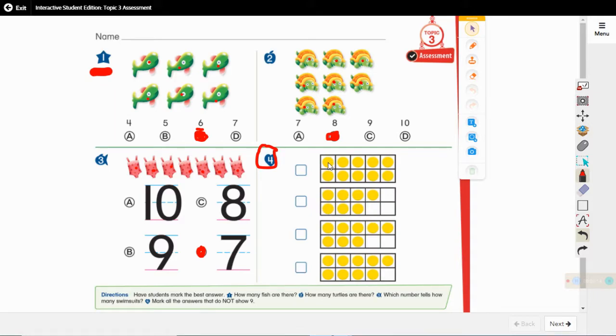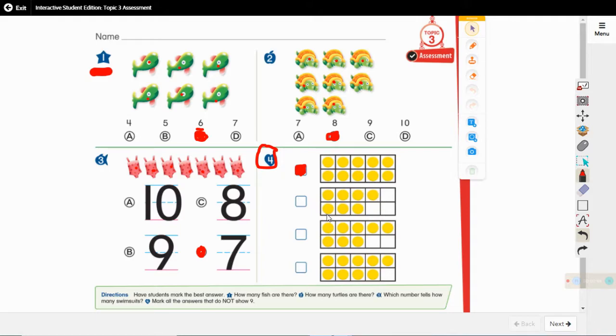How many's in the first one? 1, 2, 3, 4, 5, 6, 7, 8, 9, 10. There's 10 in that first one. So does it show 9 or does it show a different number? It shows 10, doesn't it? So since it does not show 9, you're going to color in that square.